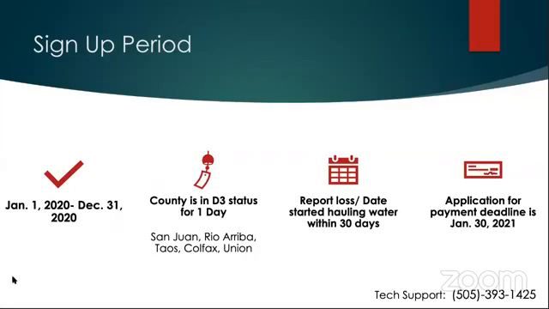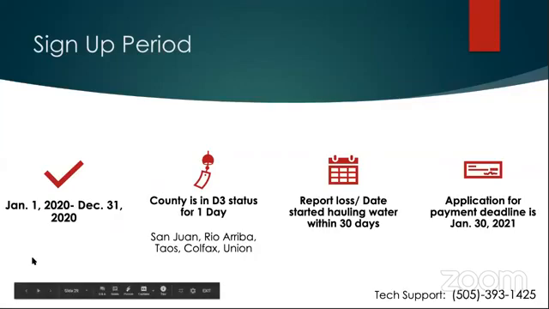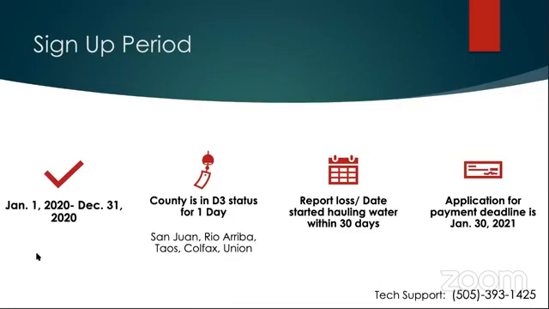Like our other livestock disaster programs, this program runs on a calendar year, starting January 1st through December 31st. To be eligible, your county has to hit that D3 status for 1 day. Currently, only San Juan, Rio Arriba, Taos, Colfax, and Union counties are eligible for 2020 water hauling.